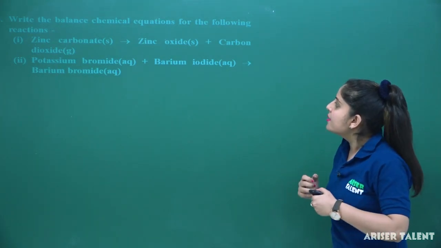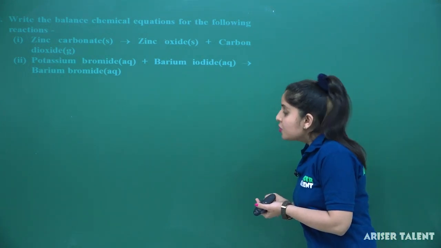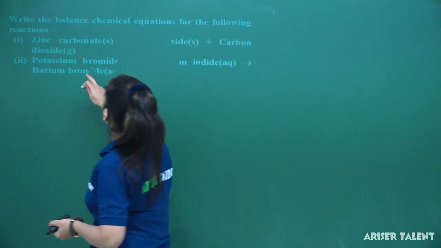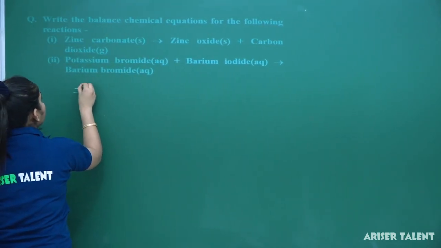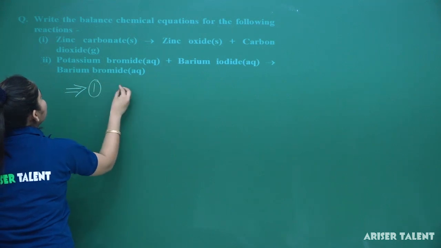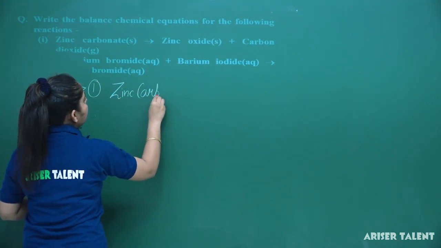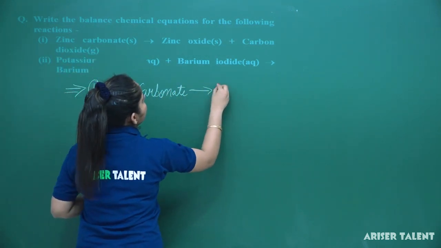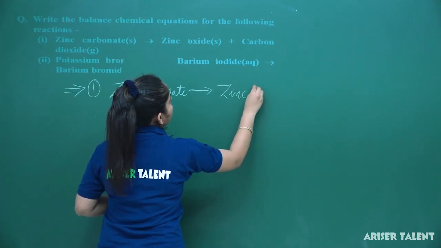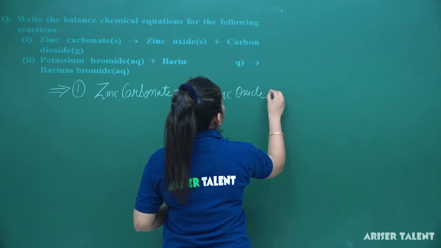So our next question is, write the balanced chemical equation for the chemical reactions. We are given zinc carbonate and zinc oxide. Our first question is: zinc carbonate gives zinc oxide plus carbon dioxide.